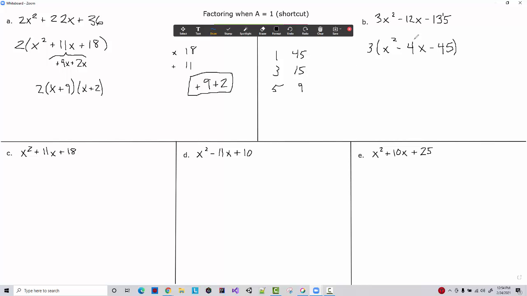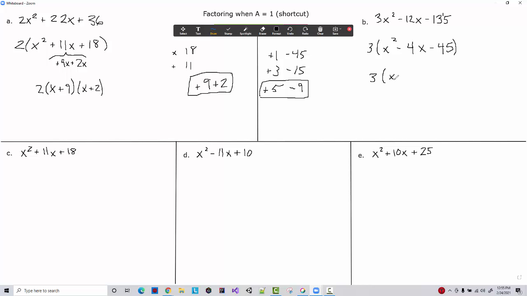And so keep in mind, we have to multiply to get a negative 45. So one has to be positive, one has to be negative, and they have to add to give me negative 4. That means the bigger number has to be negative in order for us to add to get our middle term, which is negative 4. So I can see here that it's these two factors, and so we're done.